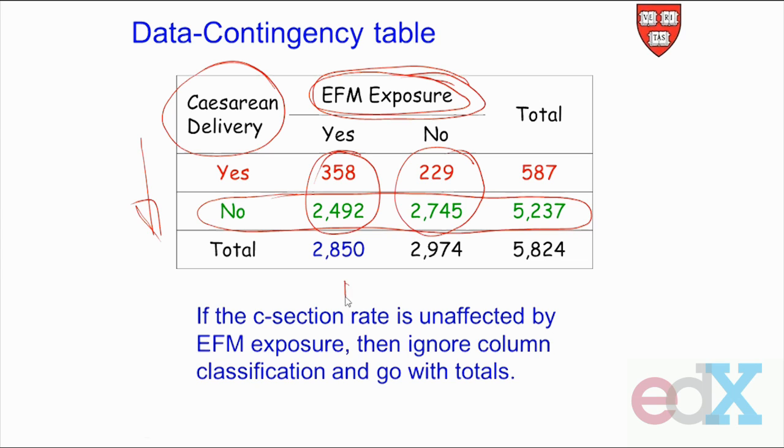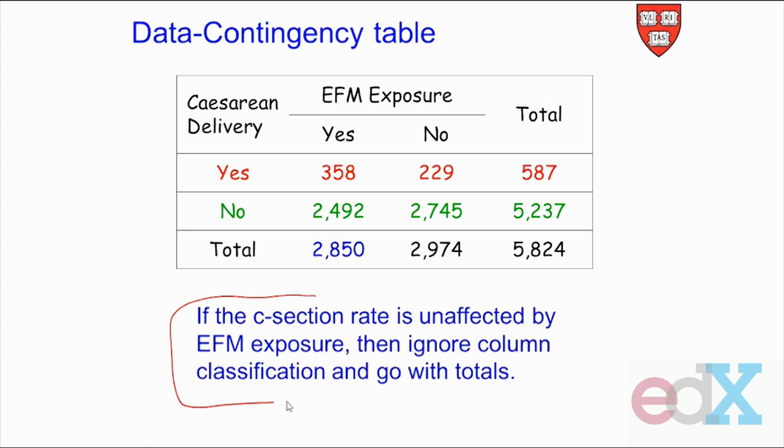The column classification, whether you're in this column or that column, depends upon the EFM exposure. The row classification depends upon the cesarean delivery. So here is our null hypothesis: the C-section rate is unaffected by EFM exposure.